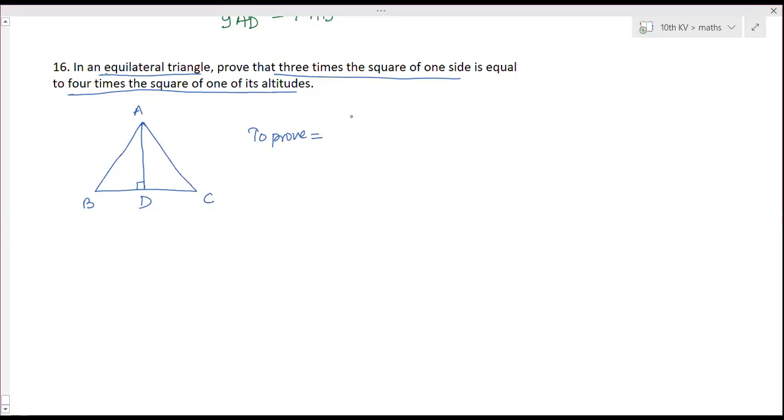We should prove that 3 times the square of sides is equal to 4 times the square of its altitudes. Karthik, I also can read that one. I'm giving you a diagram. According to that, I told you to write the mathematical statement. I have read this question 3 times, 4 times also.